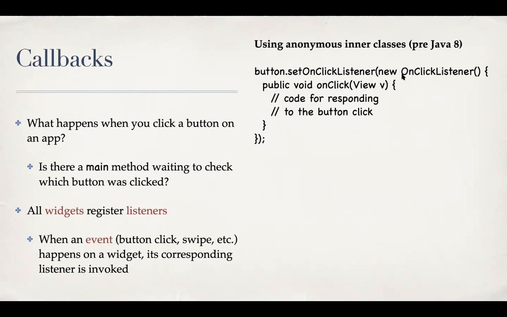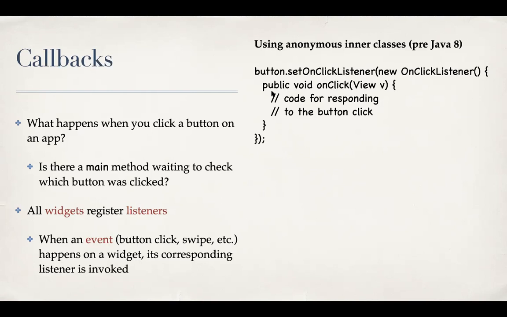Okay. So instead of creating a separate class OnClickListener and then implementing the method in it and then passing the object, you create this anonymous inner class. You simply do new OnClickListener and implement the onClick method right there. It's anonymous because you never named it. You just created it on the fly over here.